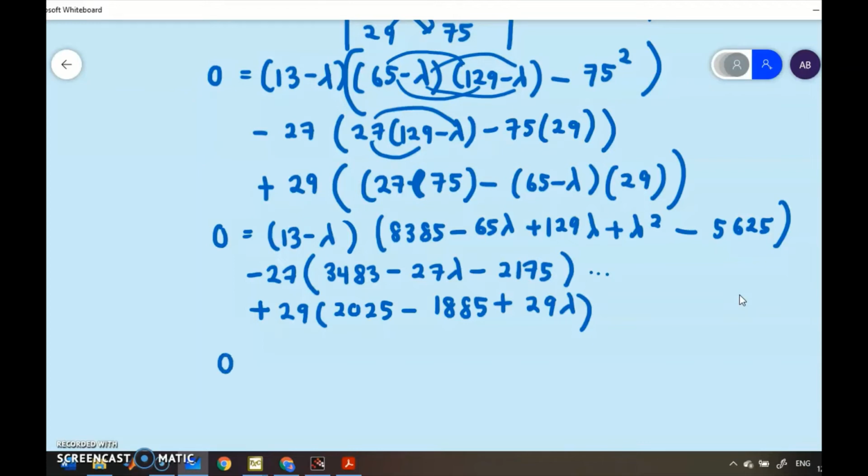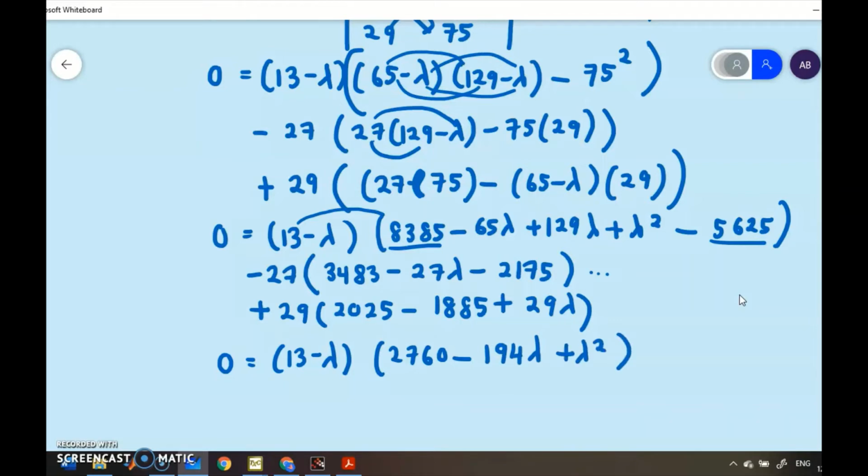So now let's expand this, multiply this with this, and so on. Maybe we can simplify this one first. So 13 minus lambda, let's simplify this. This minus this, what do we have? 2760 minus 194 lambda plus lambda squared.